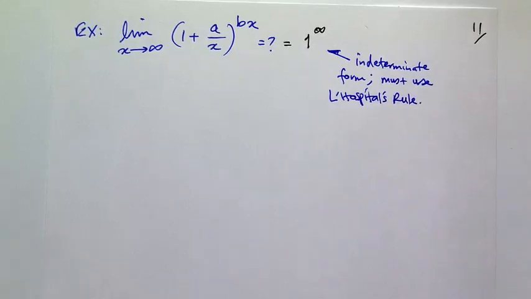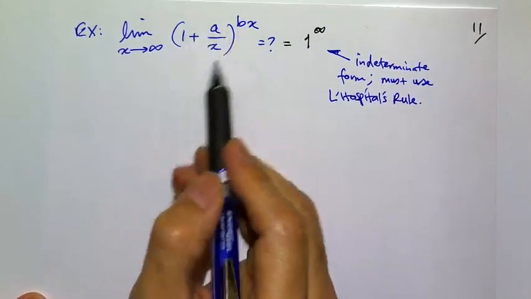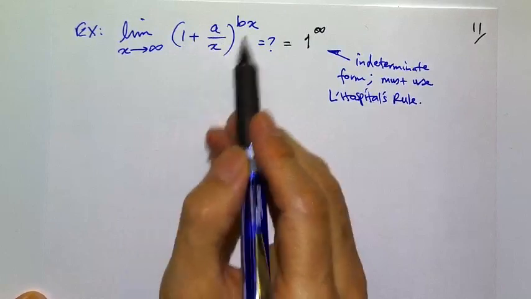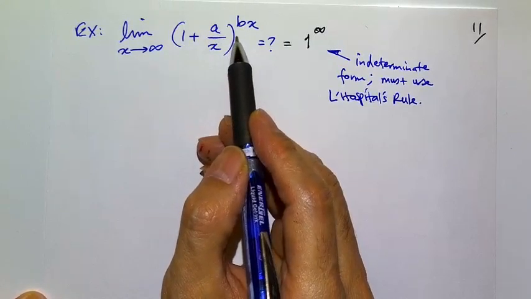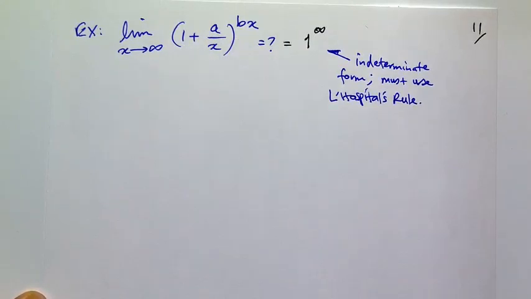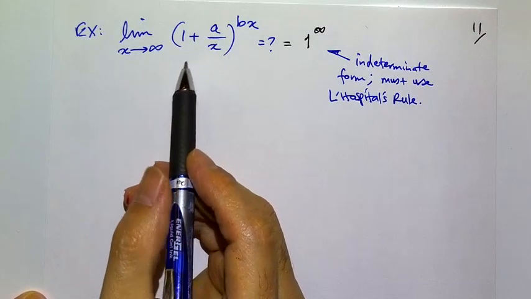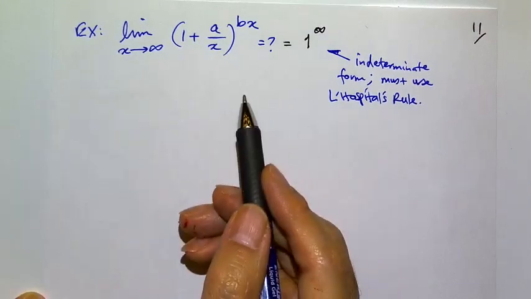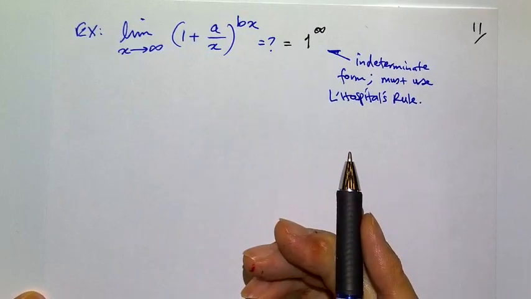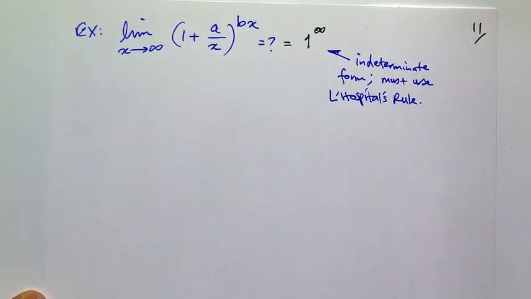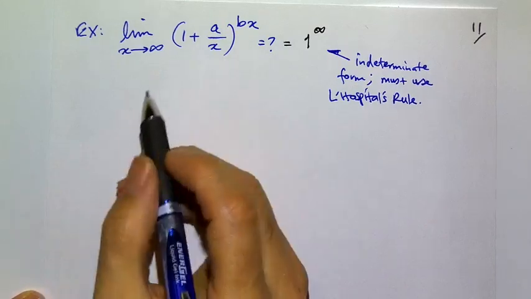Okay, so again, because this is an exponential function, right? And the last note that I had, what do we do with exponential functions? We set it equal to y and take the natural log of both sides. We do what we have to do, and at the end, we apply the natural exponential function to convert it back to the y.